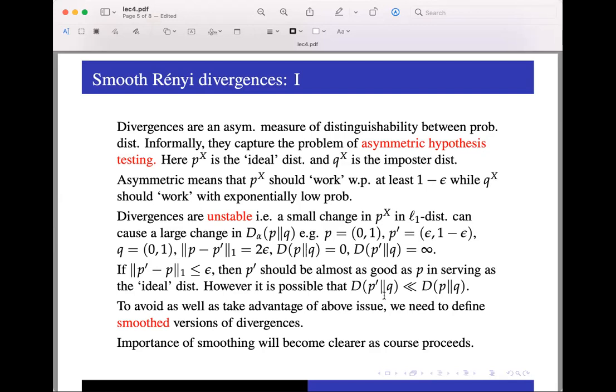I don't want that. So in order to avoid as well as take advantage of the above issue, to turn adversity into a benefit, what we need to do is change the definition of divergences, and this leads us to define the smoothed versions of divergences. And the importance of smoothing will become clearer as the course proceeds.